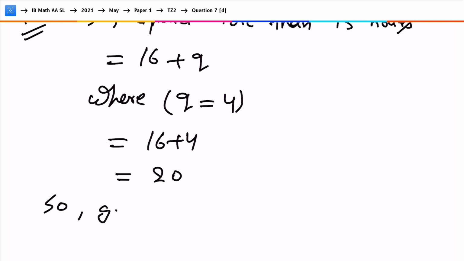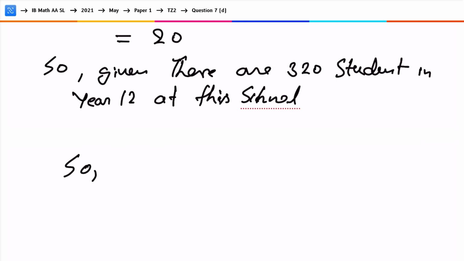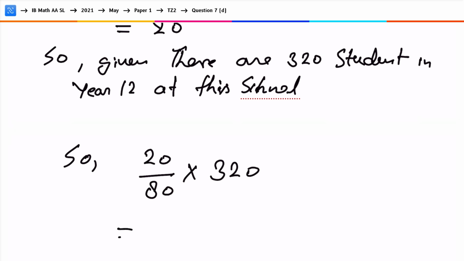So given, there are 320 students in year 12 at this school. So the fraction is 20 over 80 multiplied by 320 students.